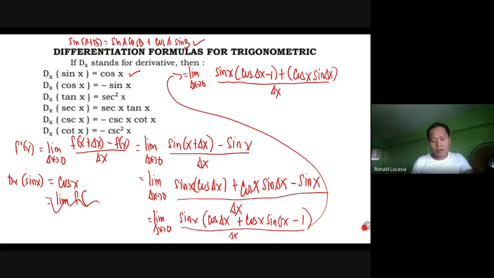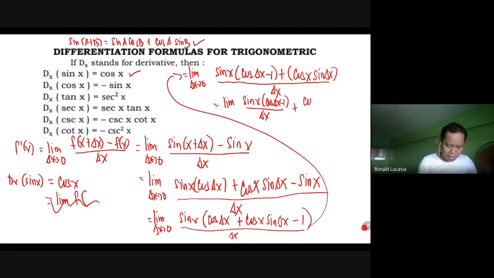And you could also expand that, because it can be written as the limit of sine x times cosine delta x minus 1 over delta x, plus the other part, cosine x times sine delta x over delta x, as delta x approaches 0.